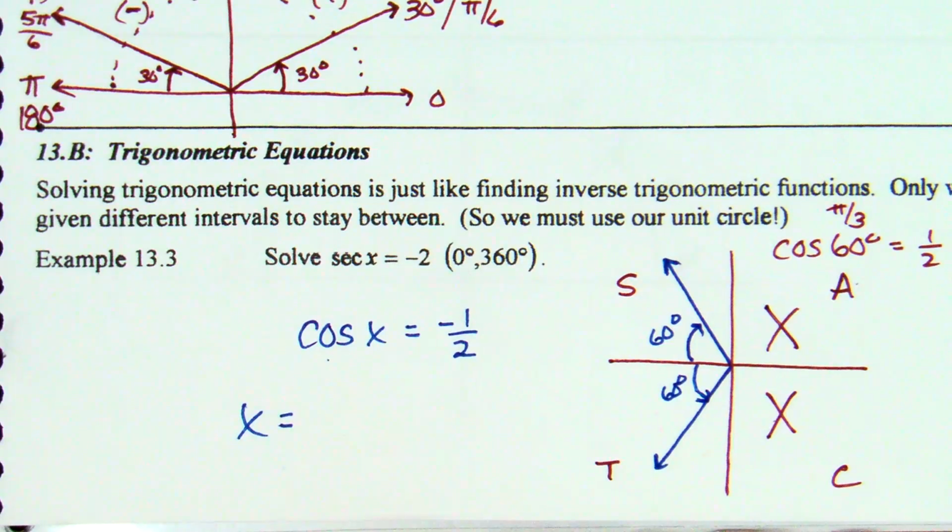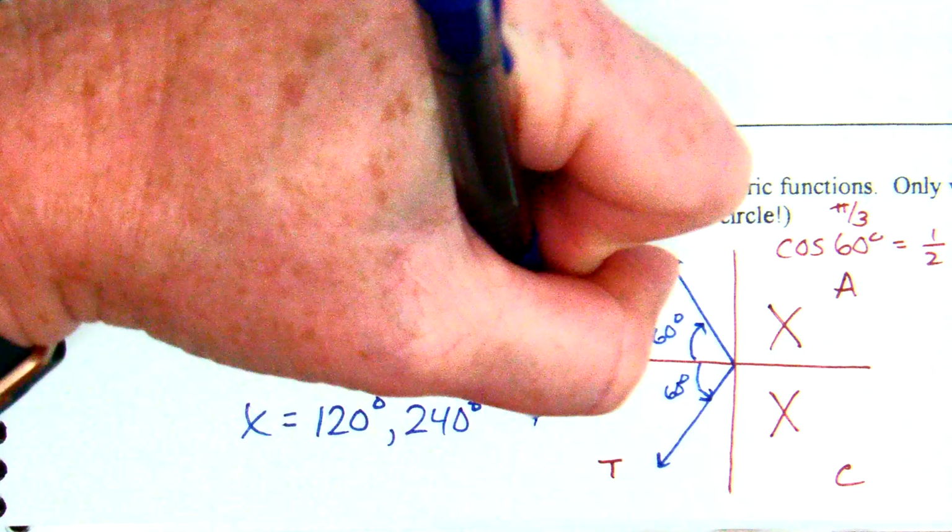Because up here in quadrant 2, it's 60 degrees above 180. So 180 minus 60 is 120. Down here in quadrant 3, it's 60 degrees past 180. So 180 plus 60 degrees is 240.